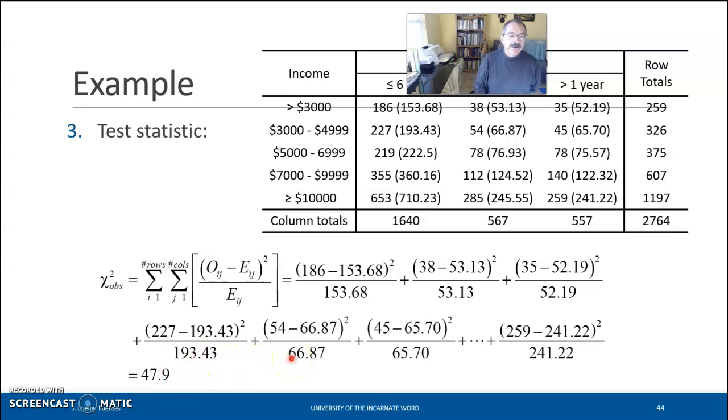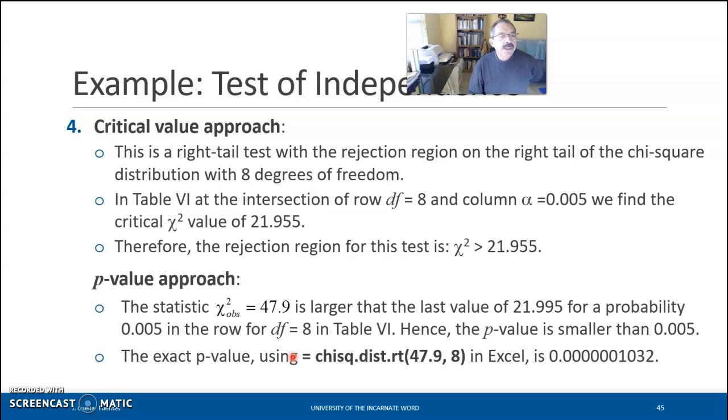All right, now that we have the value of the test statistic, then we can proceed to the next step, which is either follow the critical value approach or the p-value approach. If we follow the critical value approach, then we know this is a right tail test. So we are looking for the critical value on the right tail of a chi-square distribution with 8 degrees of freedom.